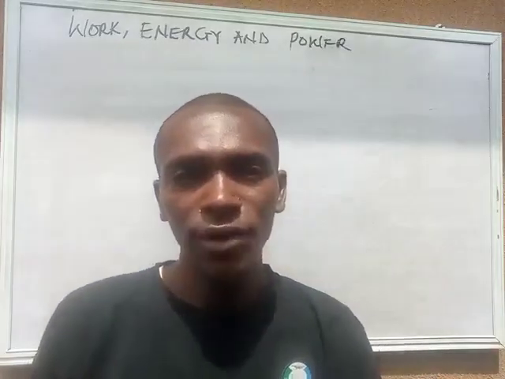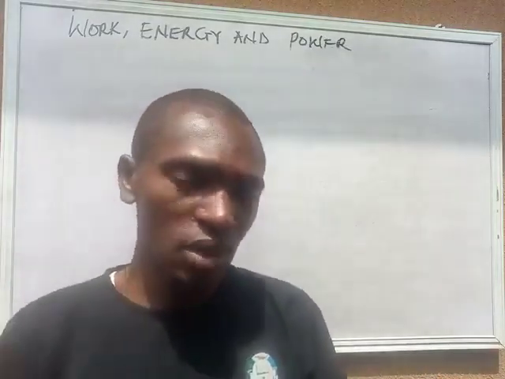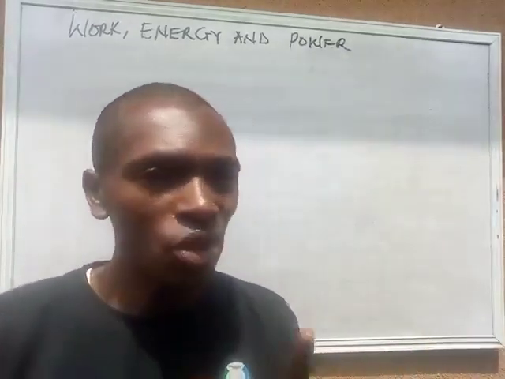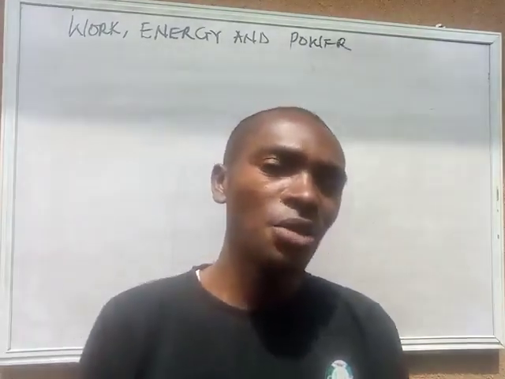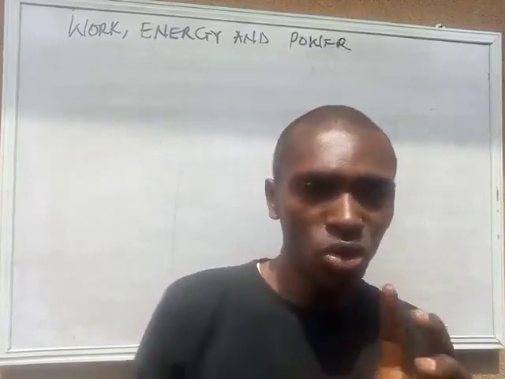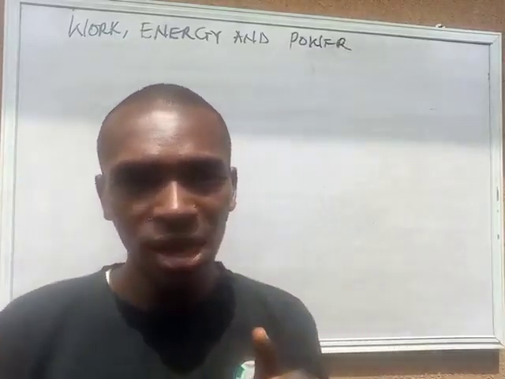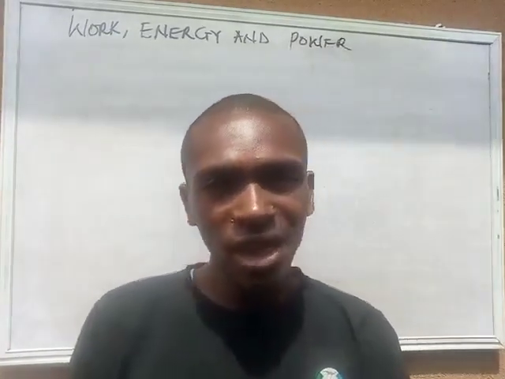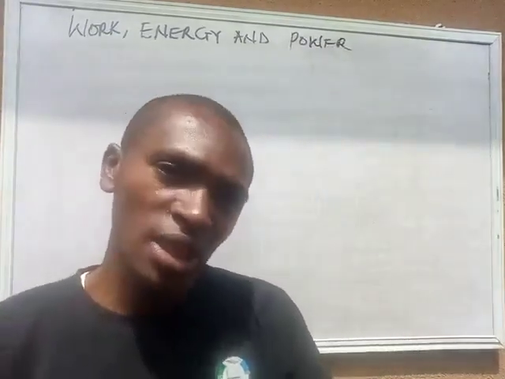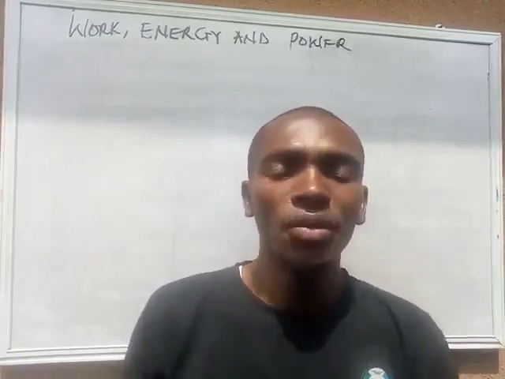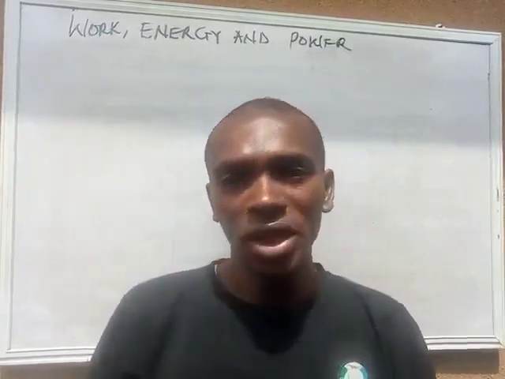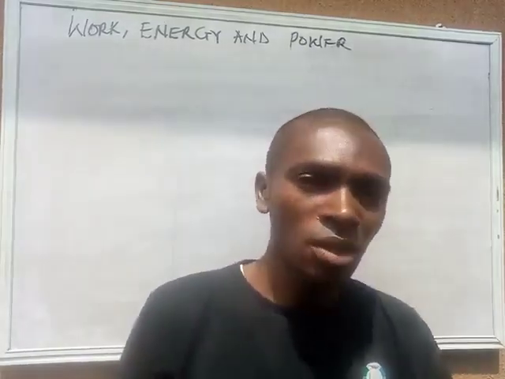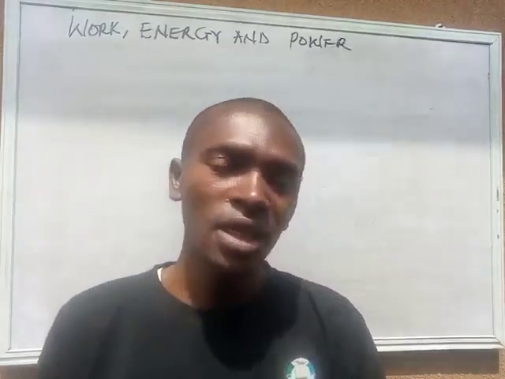Basically, we speak about two basic types of energy. An object can either be at rest or be in motion. If the object is at rest, that is when we talk about potential energy. But if the object is in motion, that is when we talk about kinetic energy.